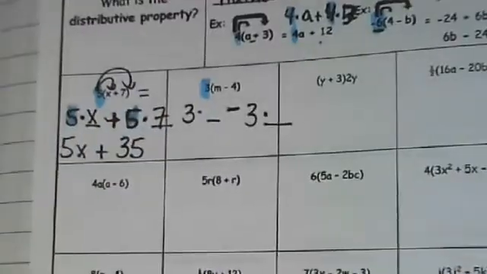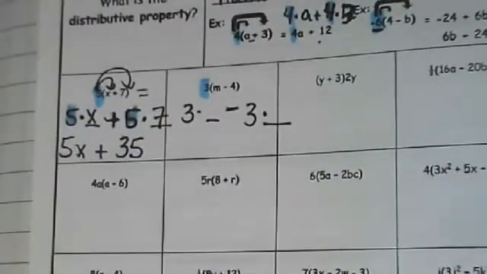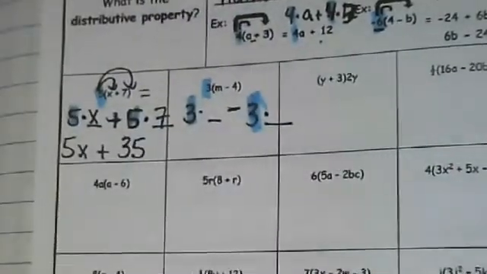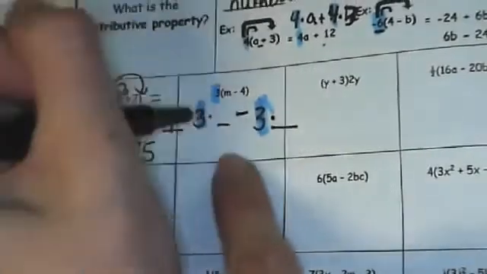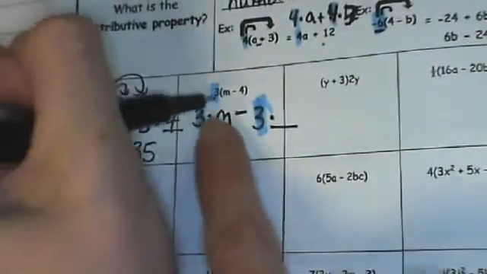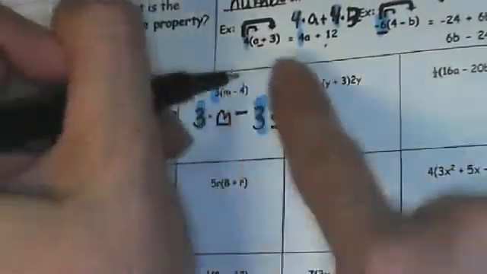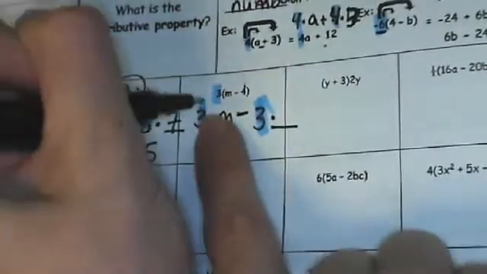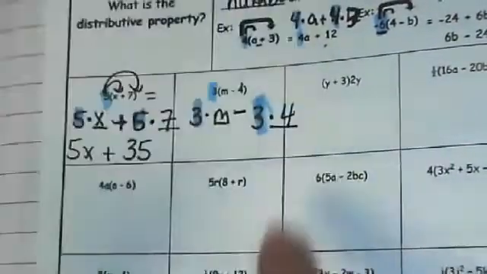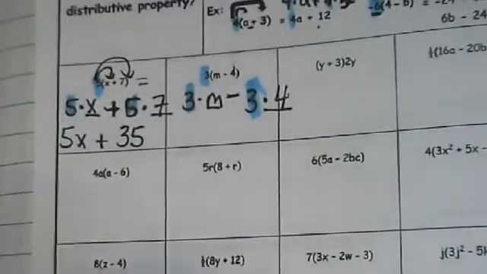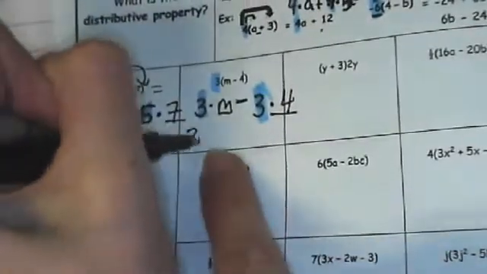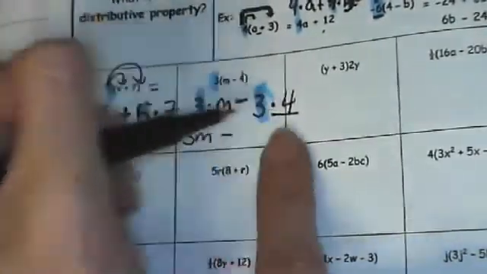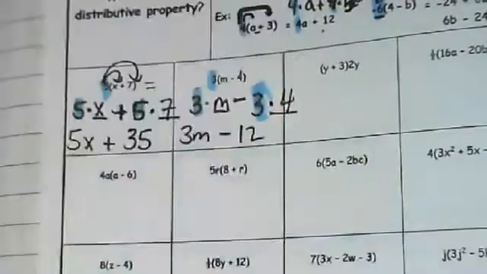So 3 is going to be repeated. And so 3 times m, and then 3 times 4. I'm going to multiply the 4 here. 4 goes here. It's multiplied by 4. So then I simplify. 3m minus, well, 3 times 4 is 12. So 3m minus 12.